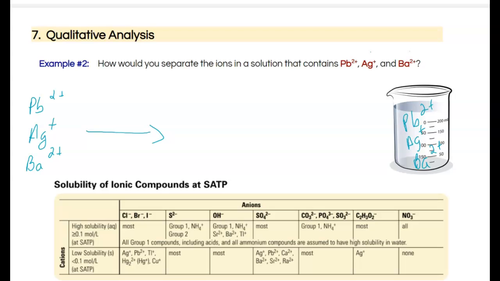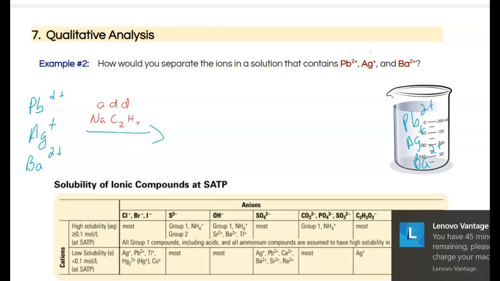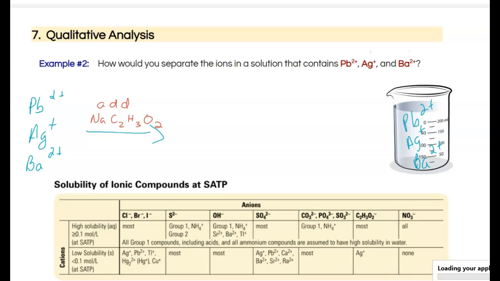I'm going to add acetate, but I'm going to add sodium acetate because, again, I'm not going to find acetate all on its own. Okay. So when I add acetate, acetate is going to cause a couple of different things to happen.